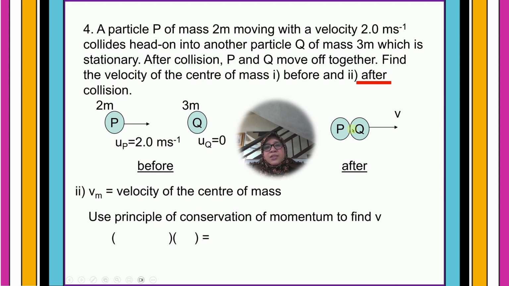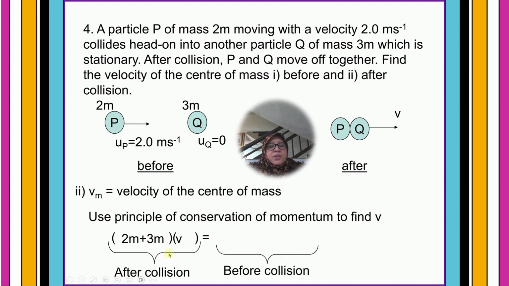For the whole system, that means 2m plus 3m times v. This one is not the center of mass. Because we don't know v yet, we need to find v first before we use the velocity of the center of mass.